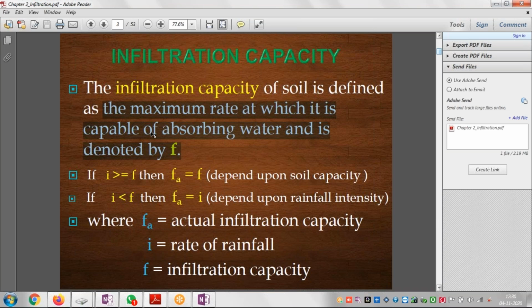For example, one person drinks one glass of water in 1 minute, and another person drinks one or two glasses of water in 1 minute.